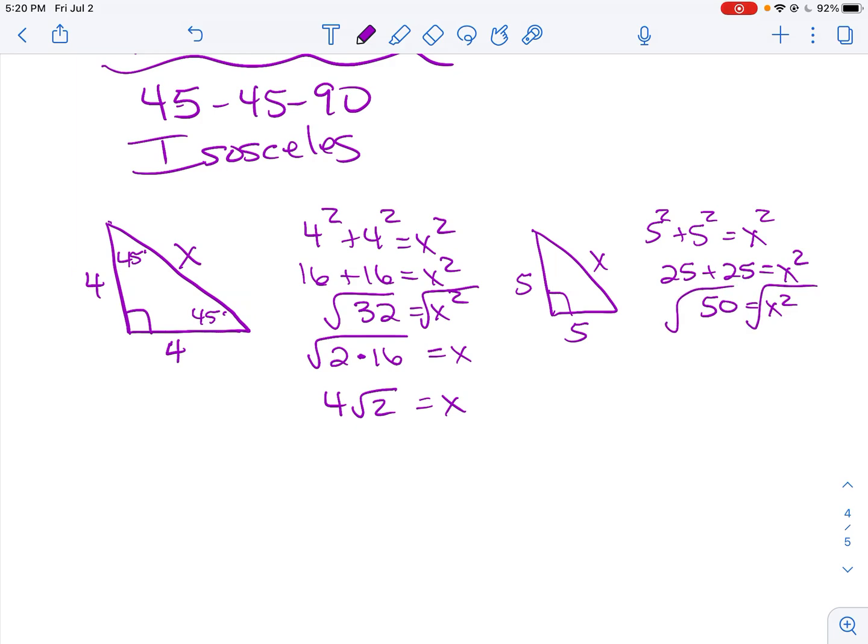I need to take the square root of both sides of the equal sign. When I do that, this is the same thing as saying 2 times 25. We can't take the square root of the 2, so the square root of 2 stays where it is, but the square root of 25 is 5.